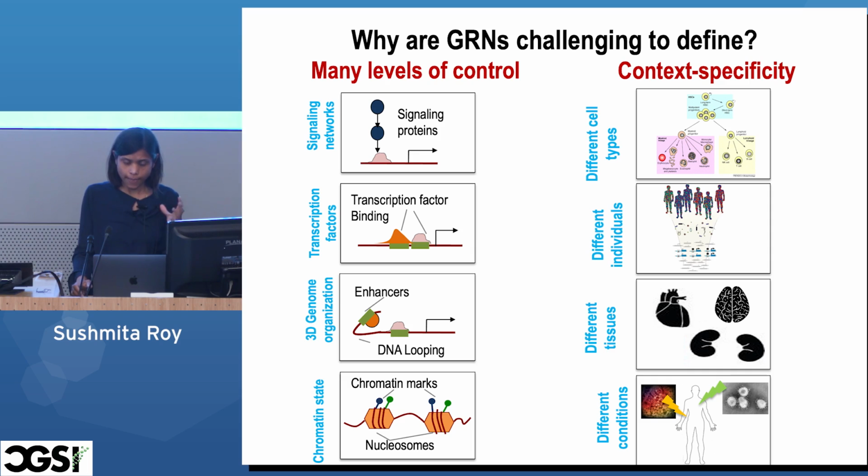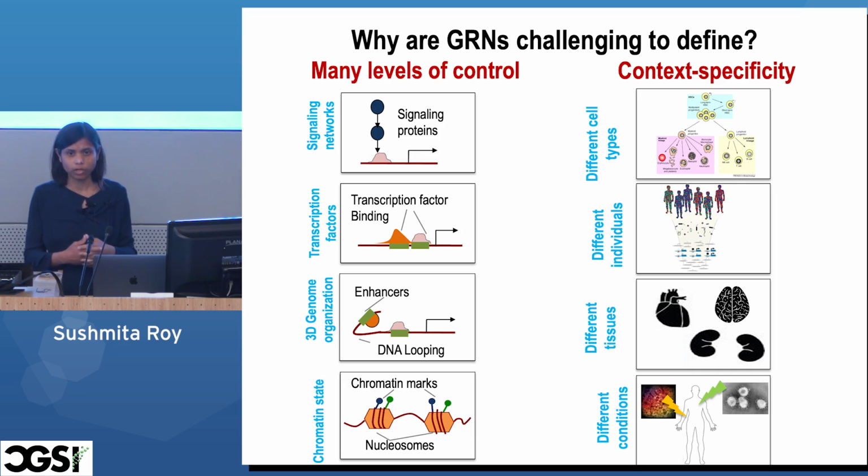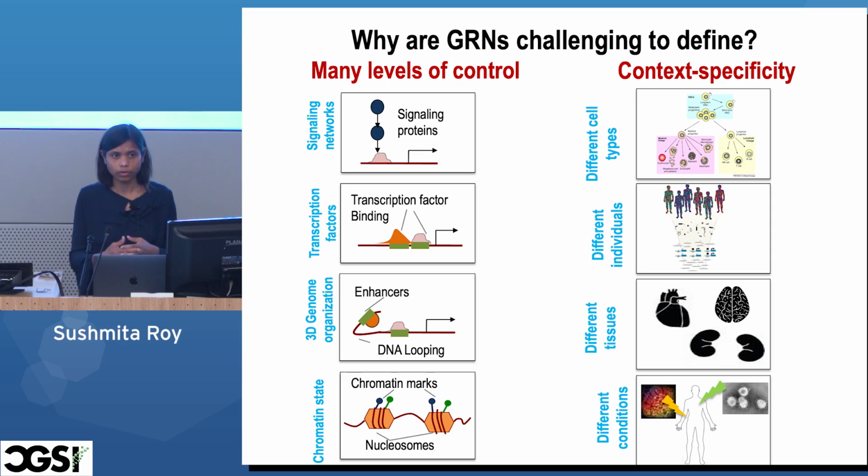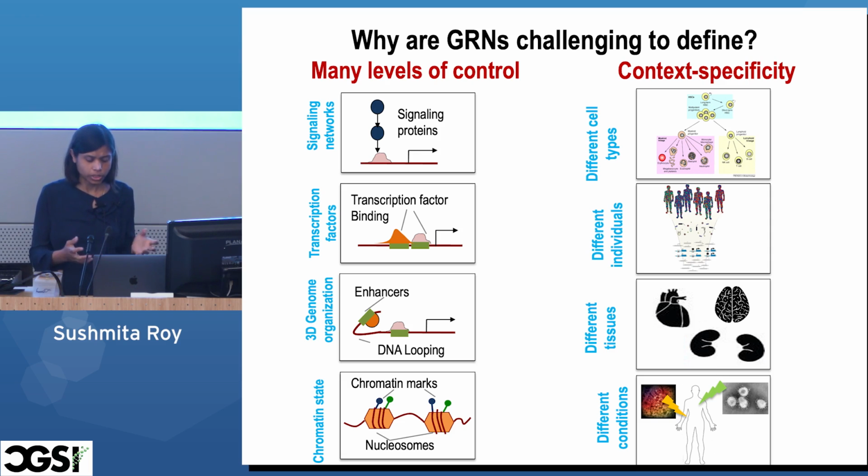That complicates our understanding of how and when a regulator regulates the expression of a gene. The second is that these networks are fundamentally context specific. Context can be different things: different cell types, individuals, tissues, conditions, and different diseases. For most of them, we don't know what the gene regulatory network is. We don't know what the regulators for the genes are across these different contexts.